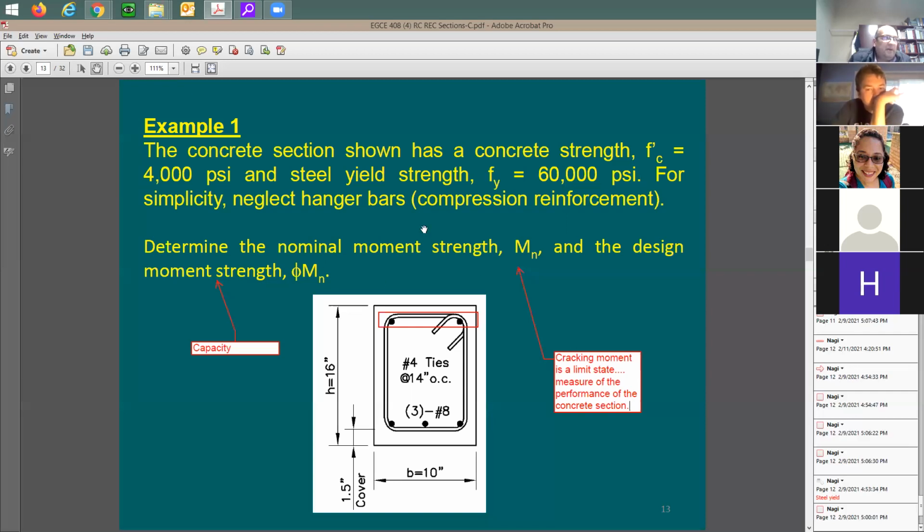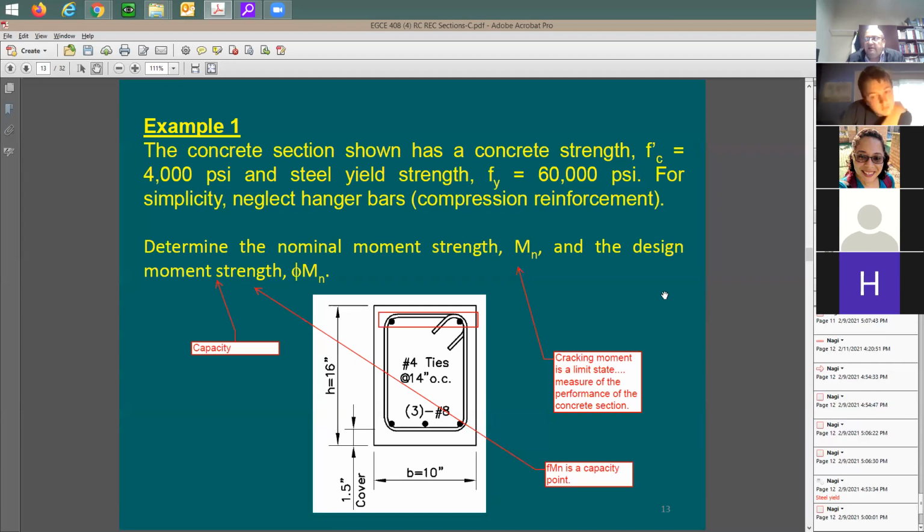About this moment that I'm talking about, is this a capacity? Let me repeat this again. Is the cracking moment a capacity?